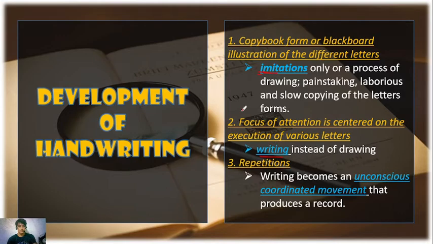Afterwards, with the practice and repetitions that we are doing, we were able to write different characters or letters unconsciously, and to create our own so-called individual or unique characteristics of our handwriting.